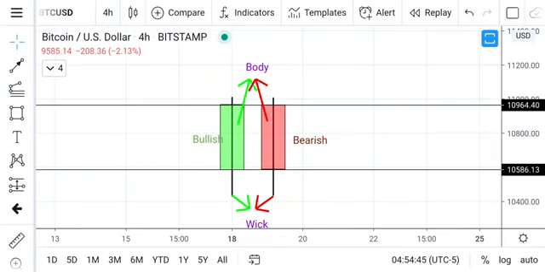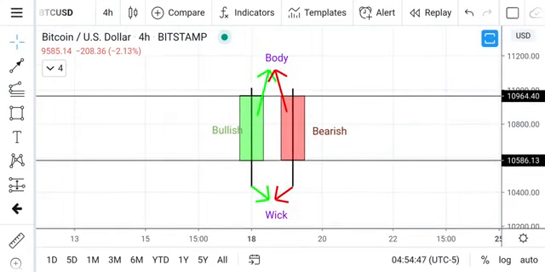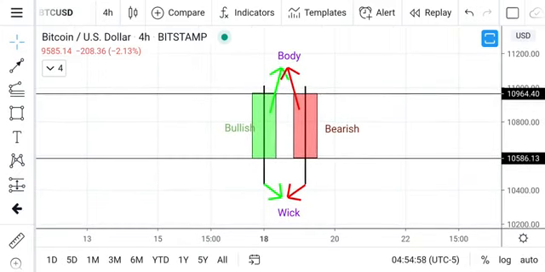Guys, I'm going to use this video to explain the concept behind the candlestick and candlestick patterns. There are two important aspects of a candlestick.